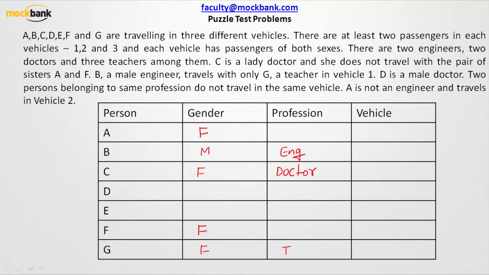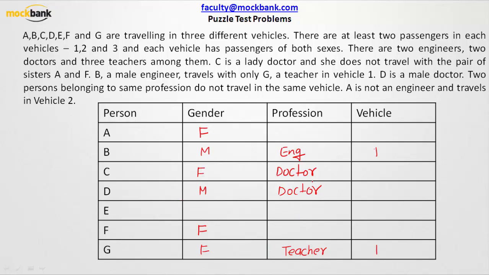And the profession of G is given as teacher, and these 2 are traveling in vehicle number 1, B and G. D is a male doctor. So 2 doctors are already there. 2 persons belonging to the same profession do not travel in the same vehicle.